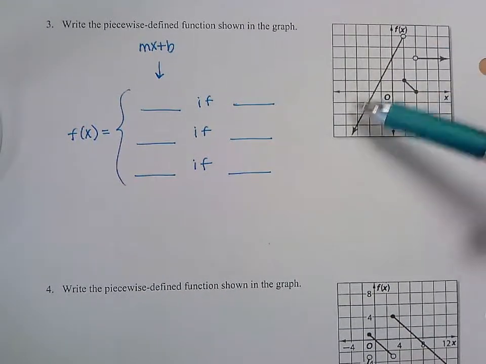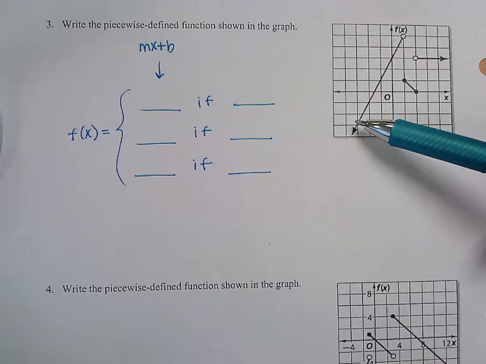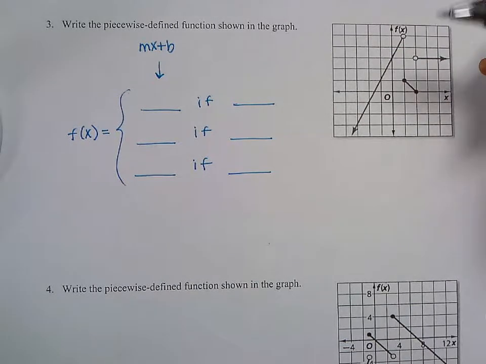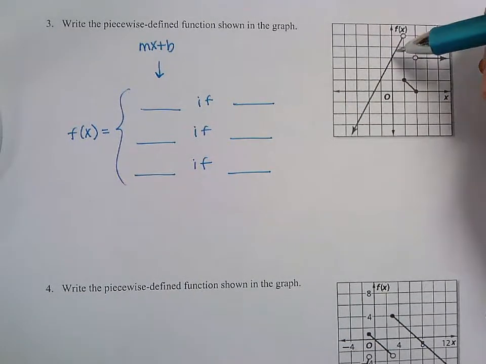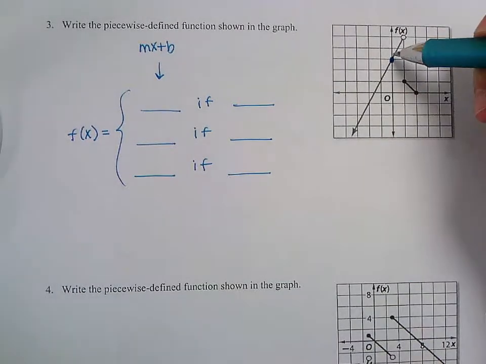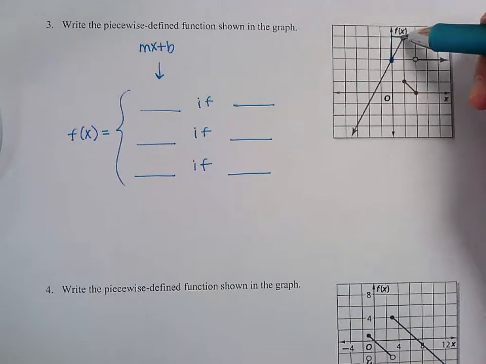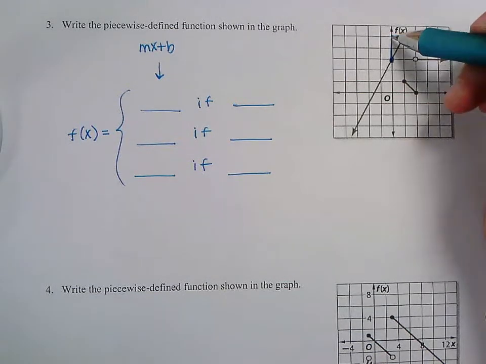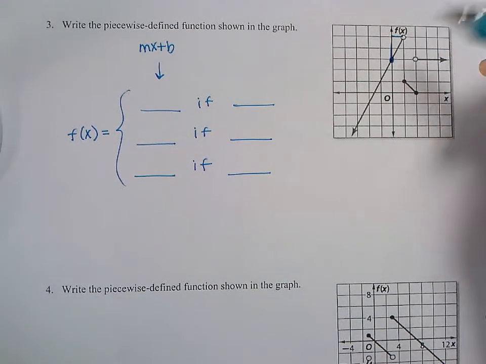How do you find slope from a graph? Rise over run. So I have my endpoint up here. I'm just going to mark here, this is the y-intercept actually. So if I were to do rise over run from one point to the next, I'm going up 2 and right 1.